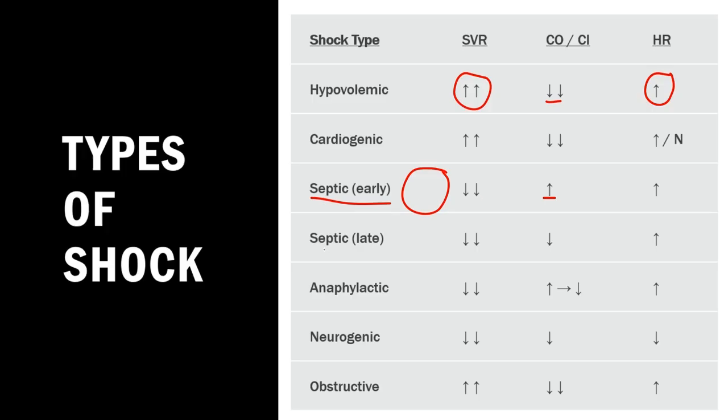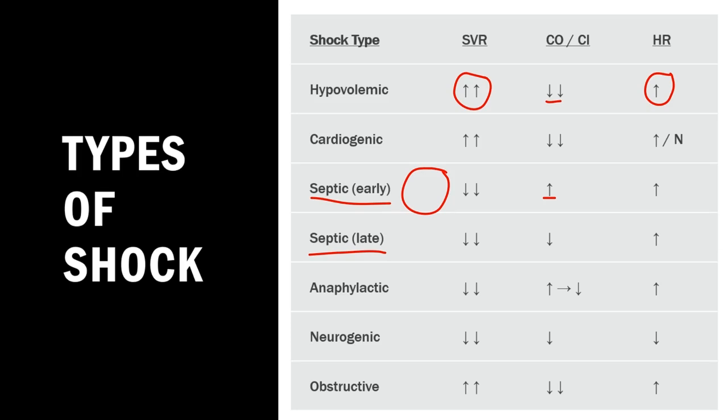But as you get into later and later stages of sepsis, now our SVR drops even more, and our body can no longer keep up with this compensation because it's kind of like attaching a fire hose to the side of your house. You can turn on the knob full blast, but you're going to have water just trickling out the end. It's going to take forever to get there because there's no pressure behind it.